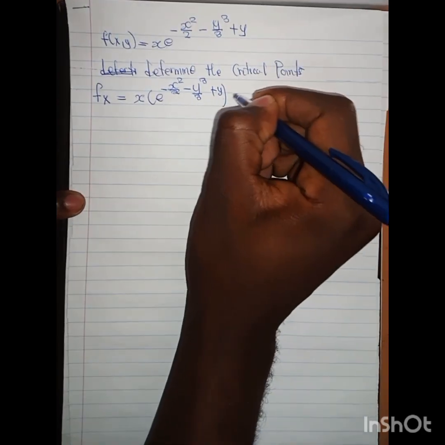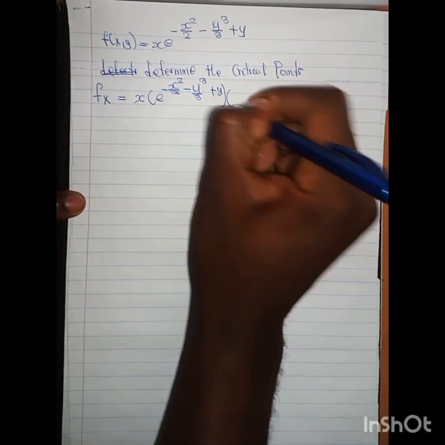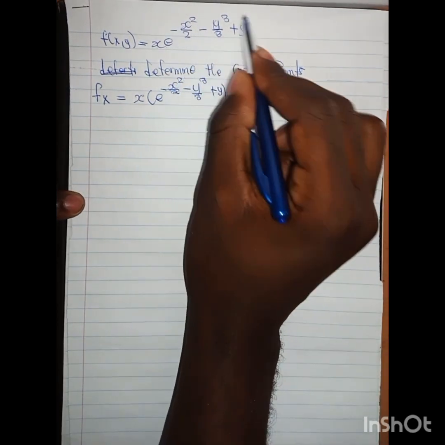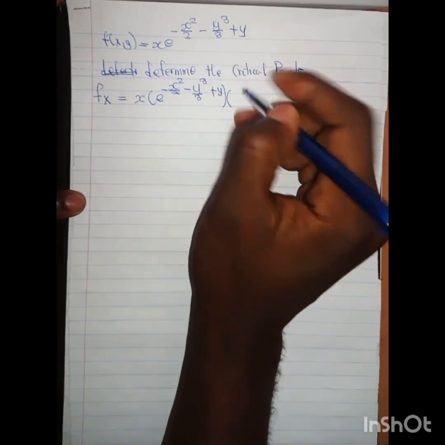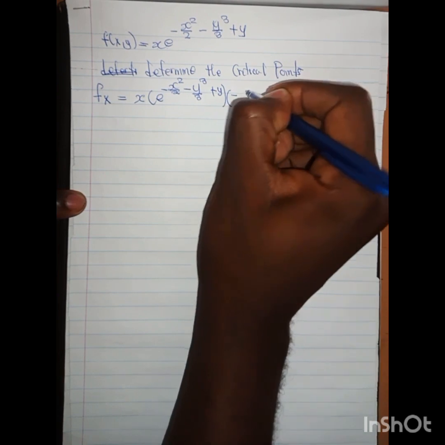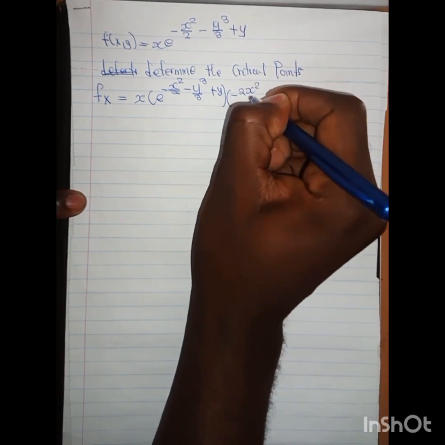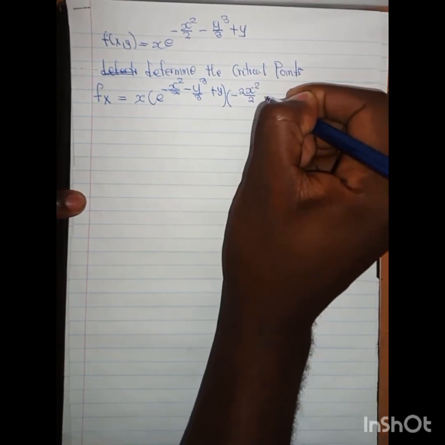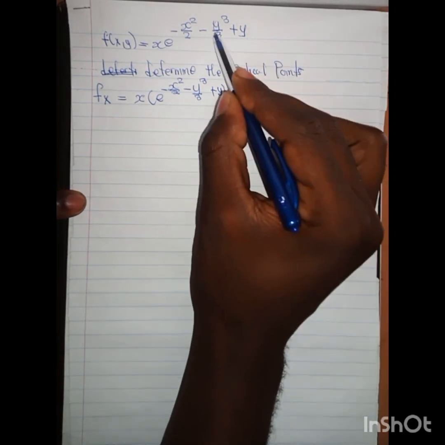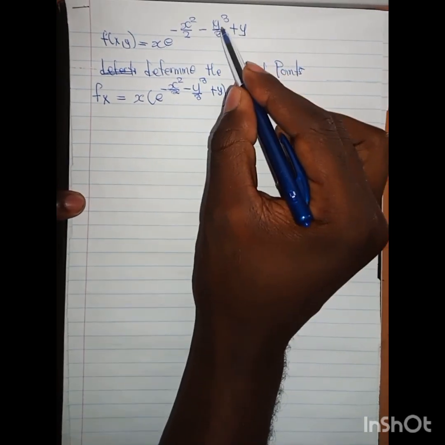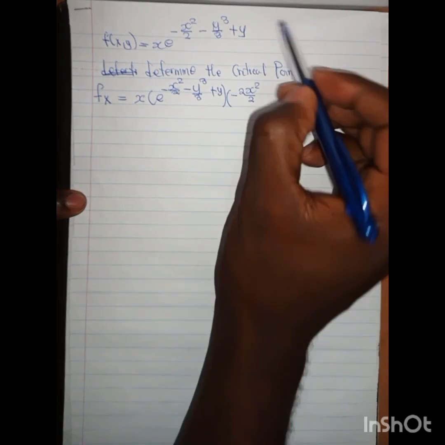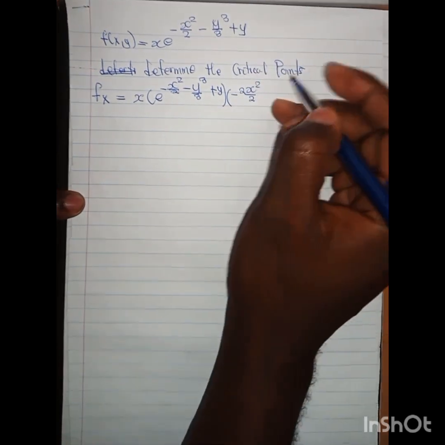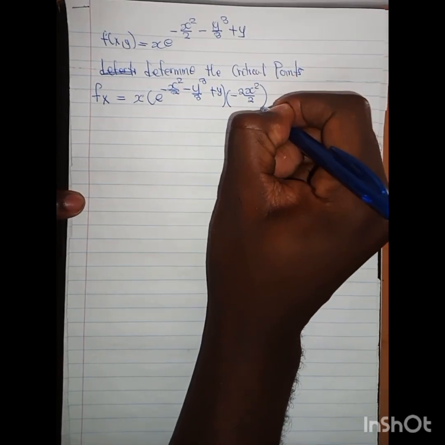Then multiply this function by the derivative of whatever is at the top. So the derivative of this is minus 2x squared over 2. And then we differentiate this part with respect to x. Since there is no variable x, this is a 0. And then also this part, there's no variable x, it will give us a 0 like that.